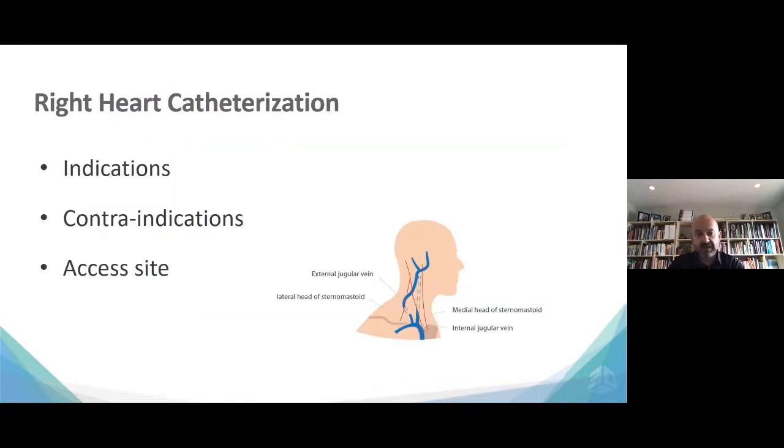So right heart catheterization, the indications are generally pretty straightforward. You need to see what the pressures are in the right side of the heart, and that's mainly in COVID patients your volume.